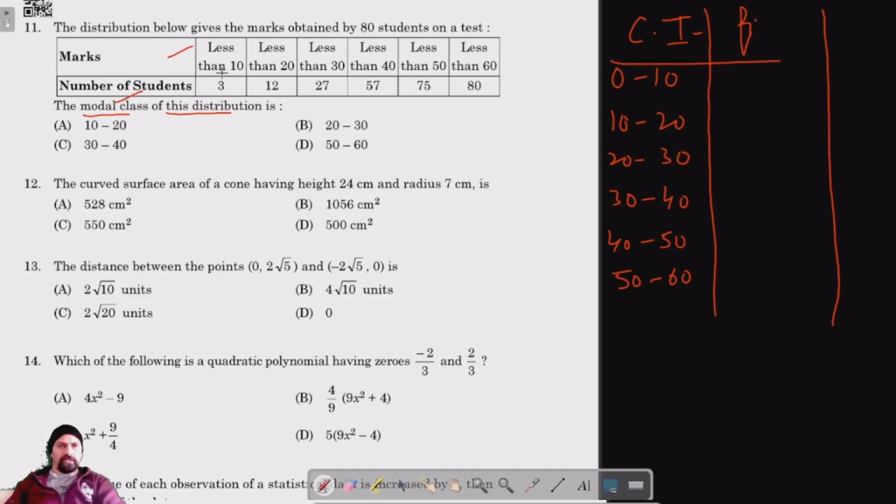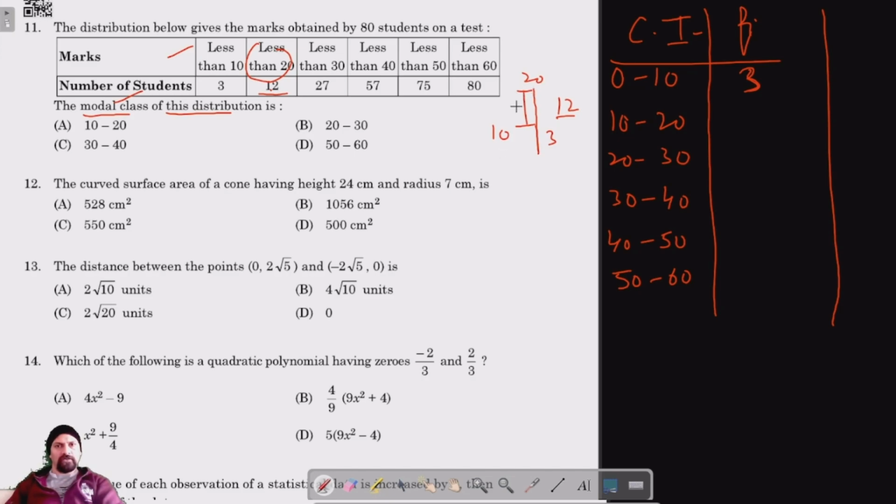Okay, now let's find out the frequency. For 0 to 10, less than 10, the frequency is 3. But for 10 to 20, the frequency is not 12, because this frequency is for less than 20. So for less than 20, we have 12 observations, and among these we have 3 that are less than 10.